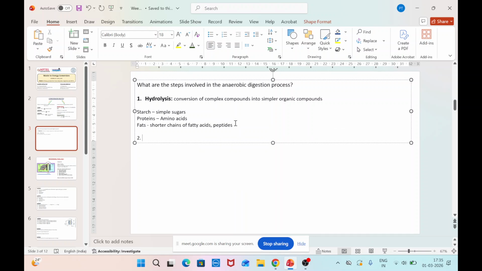The second thing is acidogenesis. As the name suggests, the acid generating bacteria usually feed on these simpler organic compounds to generate short chains of fatty acids.